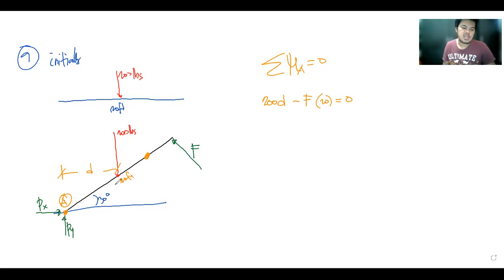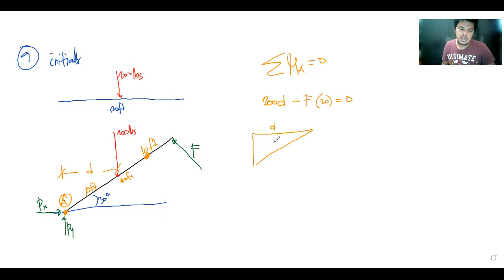So you can see D can be calculated as follows. We know that this is 10 feet, and this would also be 10 feet. Then we can have this triangle.